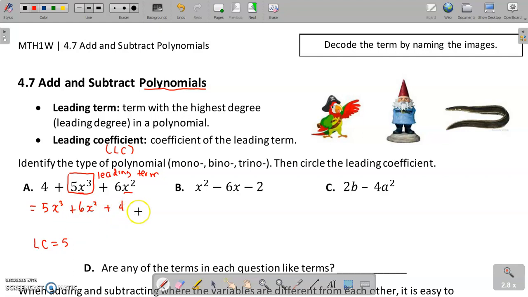So it goes from the largest exponent for the term to the smallest, which is none, for 4.